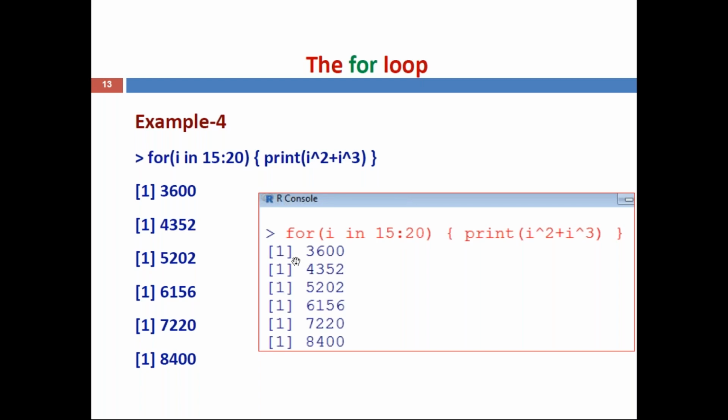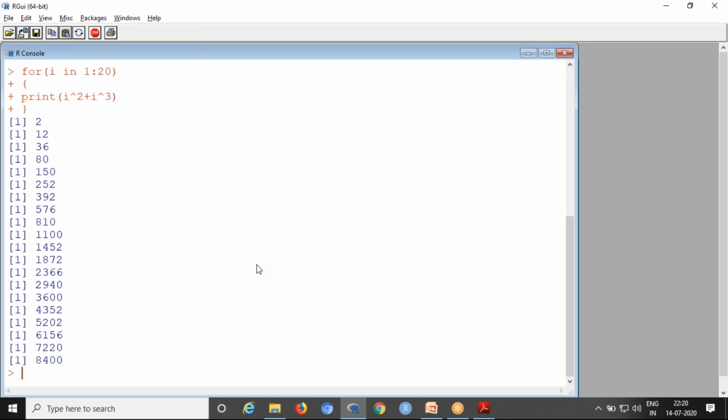Now we will also run this. Here we have taken for I equal to 15:20, the range 15 to 20. Then printing the same value, that is I power 2 plus I power 3.